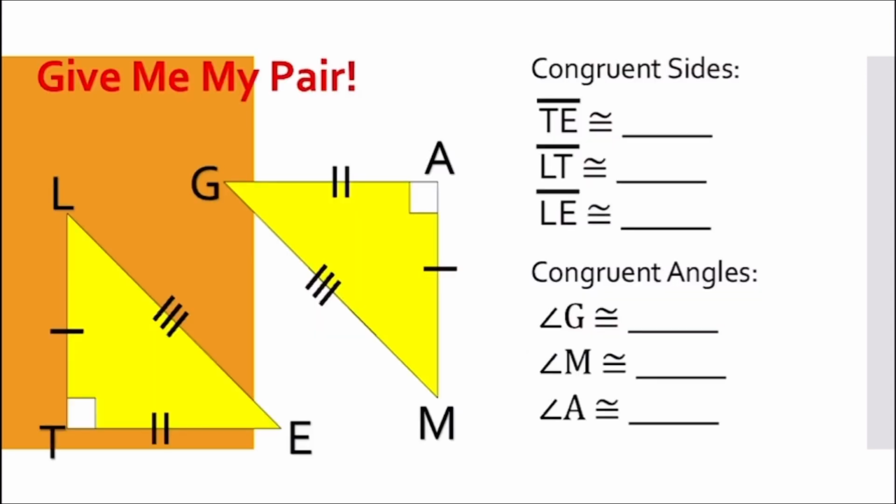For our first activity, we have "Give Me My Pair." You are going to identify the pairs of congruent sides and congruent angles of the triangles on the slide. You can write your answer on a separate sheet of paper.